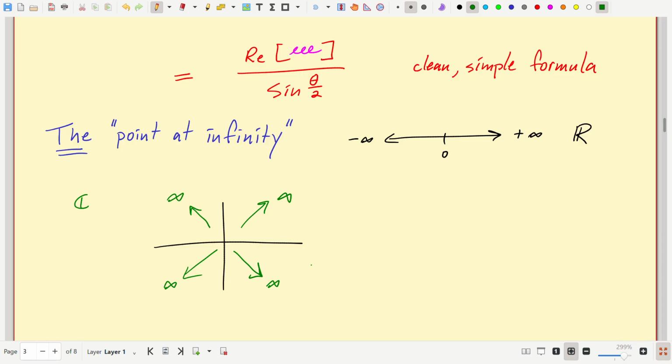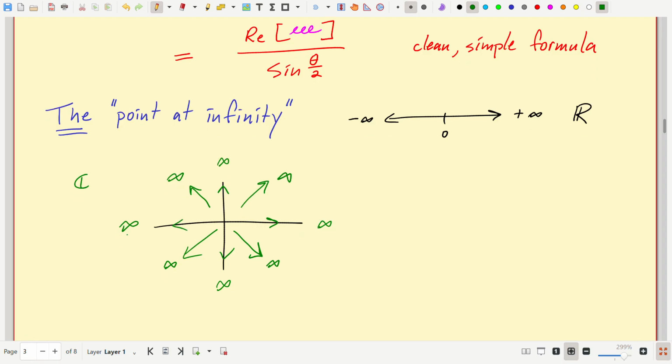And I'll explain how you could possibly think that way. Let's see, there'd be arrows on the axes also. It's a lot of infinities. And it's going to be useful when we talk about a type of blowing up for complex functions.